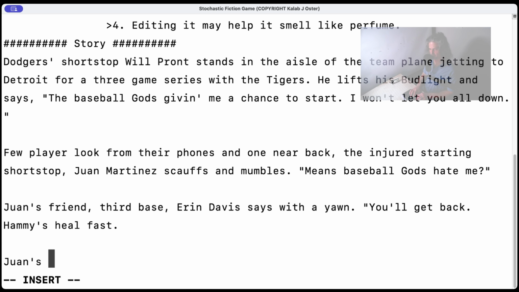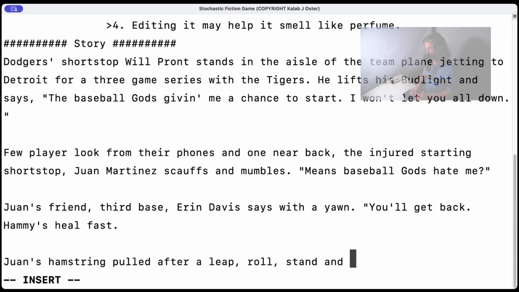Juan's hamstring. After leap, roll, stand and throw.